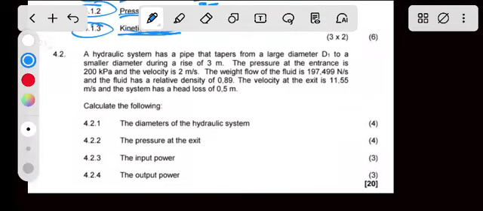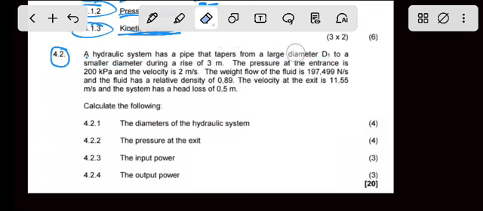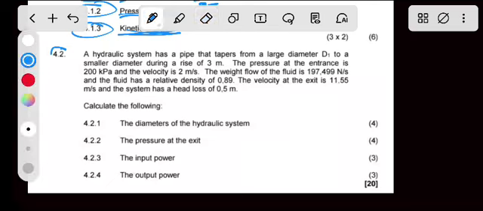Here, 4.2 says the hydraulic system has a simple taper from a large diameter D1 to a smaller diameter D2, at a rise of 3 meters.